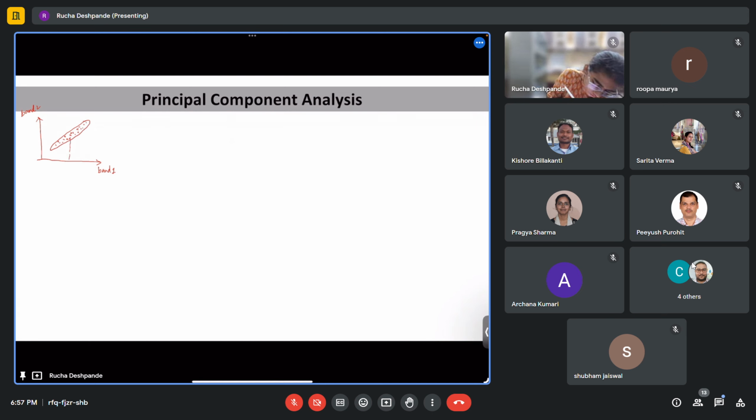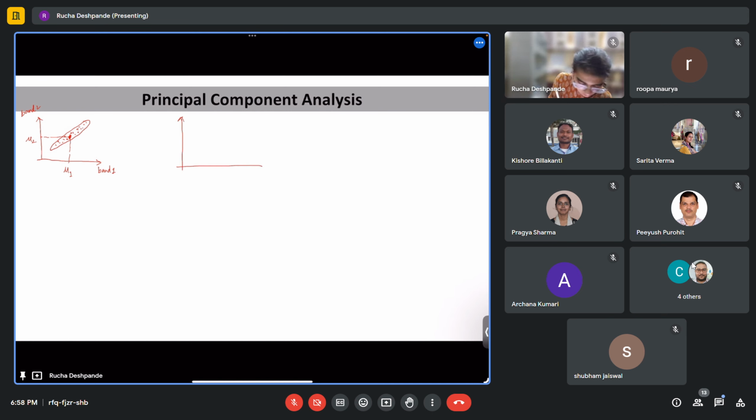And this is the mean of band 1, and say this is the mean of band 2. So when we do this coordinate transformation, what we do is we bring the reference frame to the center of this dataset at the means of band 1 and band 2, and then we rotate the coordinate frame to bring the major axis along the direction of maximum variance.